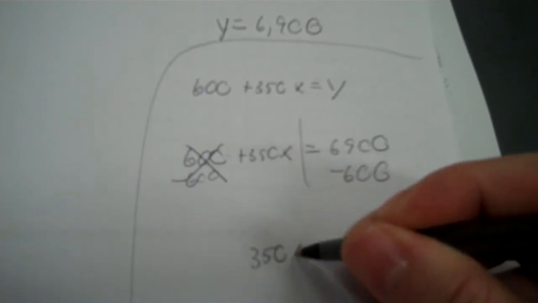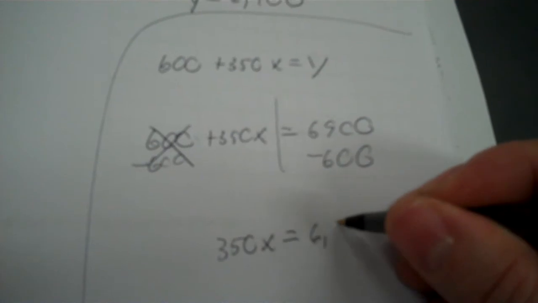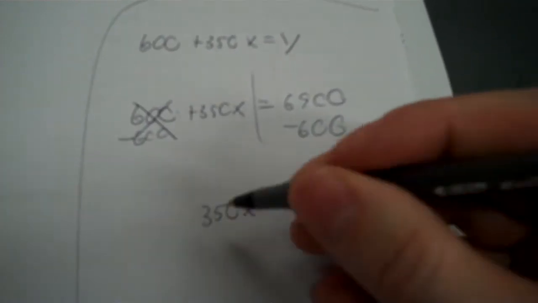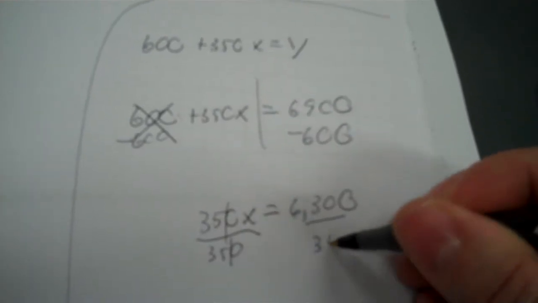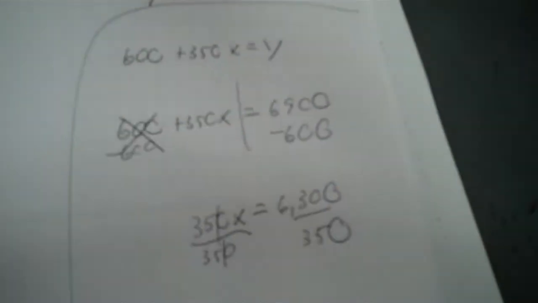So I have 350 times x. 6,900 minus 600 is 6,300. And then dividing by 350. I don't know what that is off the top of my head. 10.28, whatever, okay? So we can only afford 10. So 10 hours.